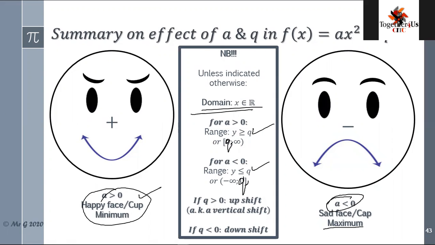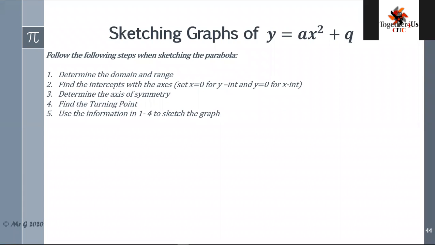Now, let us get into the real business, that is sketching the parabola. There are about 4 steps that you will follow if you want to do this my way, of course, to sketch in general any graph in the form y is equal to ax squared plus q.